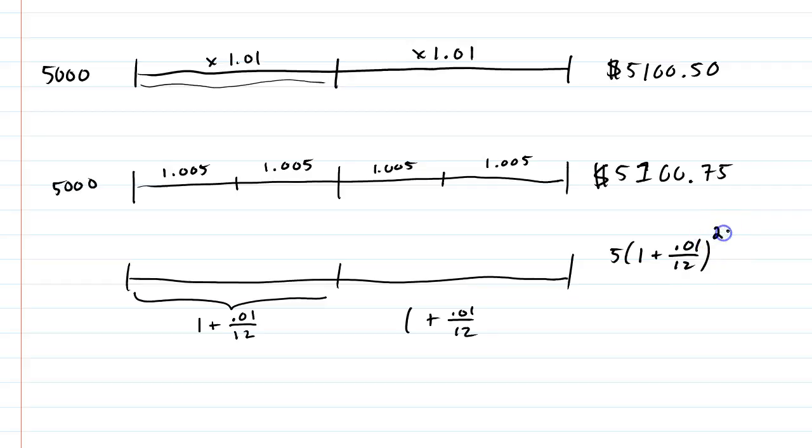It's really 2 years, but you have to times it by 12 because it's 12 times as often. And sorry, this should be 5,000 right here. Now, the answer here is $5,000.196 cents.